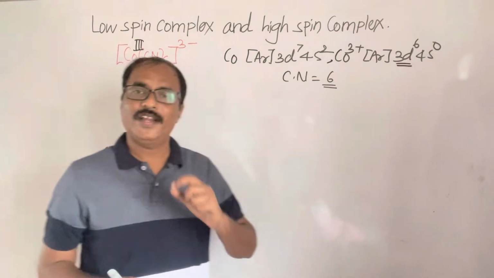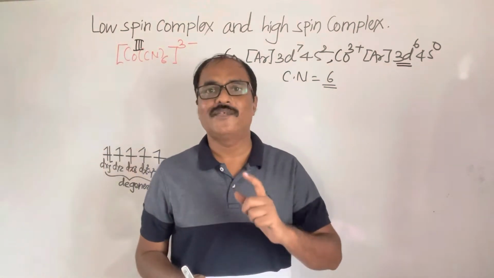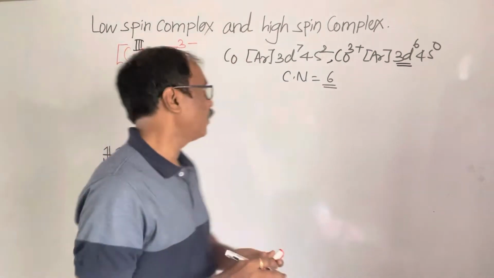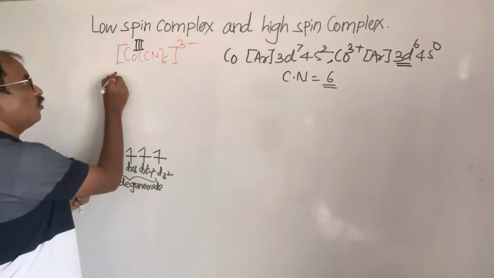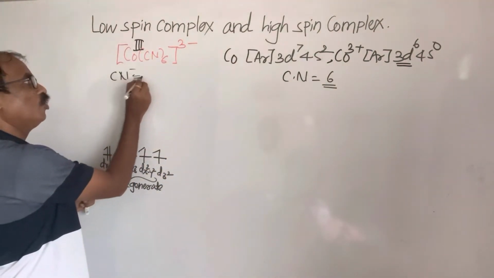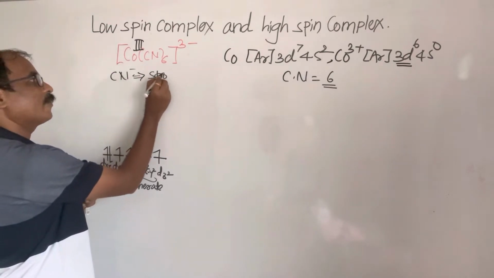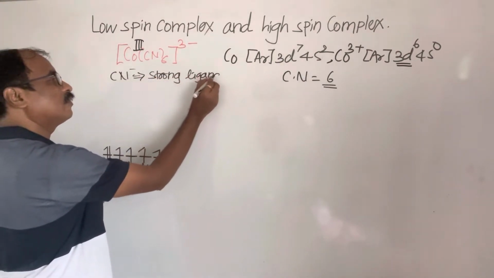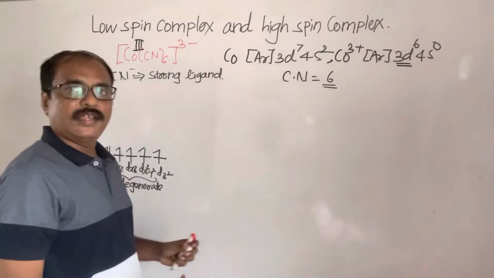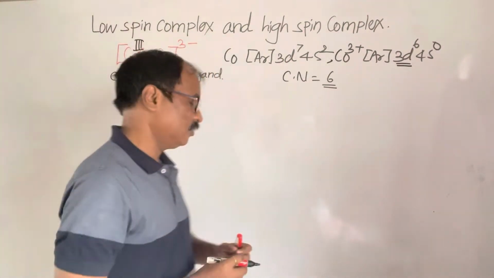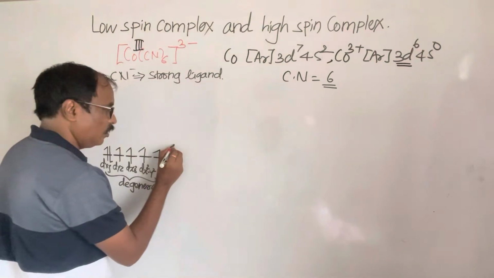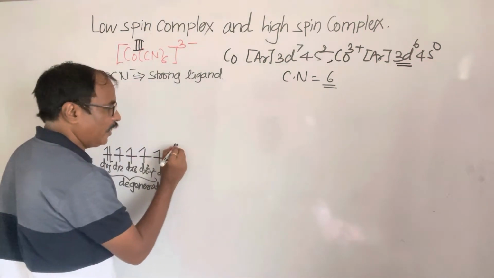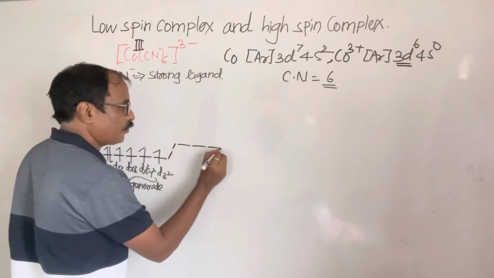The splitting of d atomic orbitals depends on the strength of the ligand. Here CN minus is a strong ligand, monodentate and strong. So when ligands are ready to attack, the energy of all these d atomic orbitals increases.